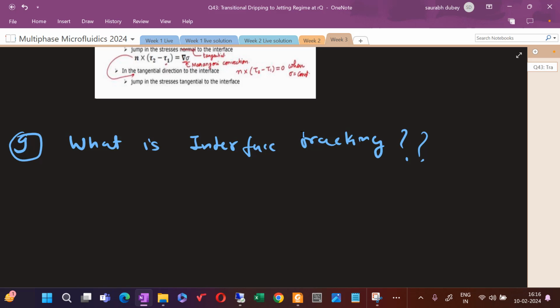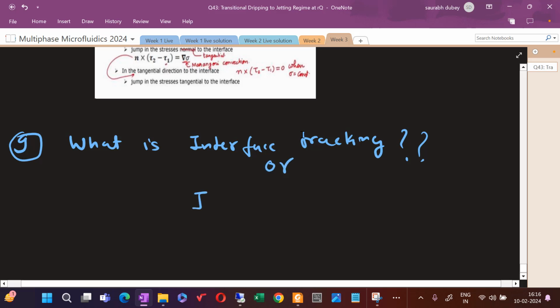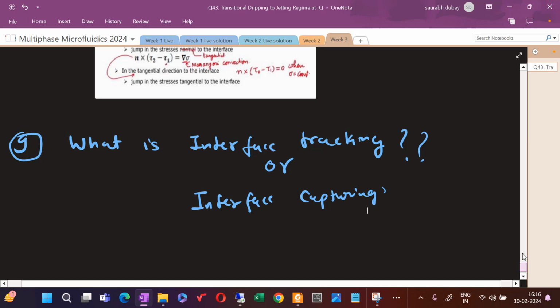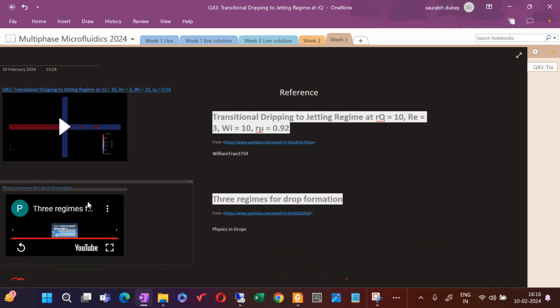Interface tracking, or interface capturing, is the one that is shown here.